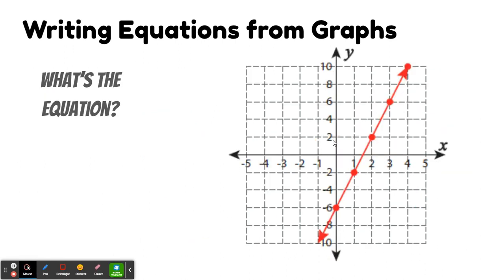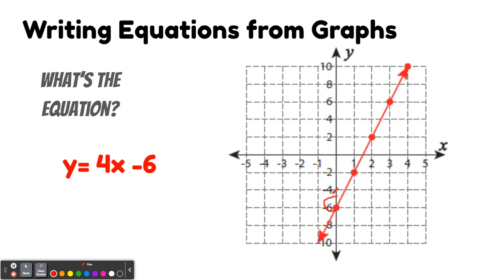So what I want you to do now, go ahead and write the equation for this graph. So for this graph, our equation is y equals 4x minus 6. And what I did, again, just to review, I went from one dot to the other. And notice here that these are going up by 2.